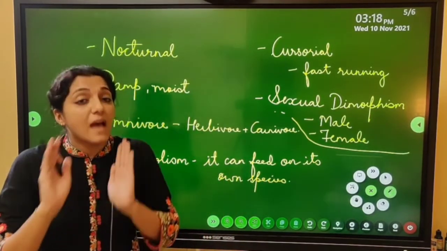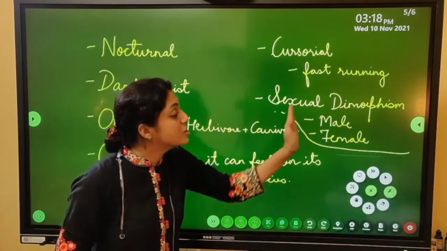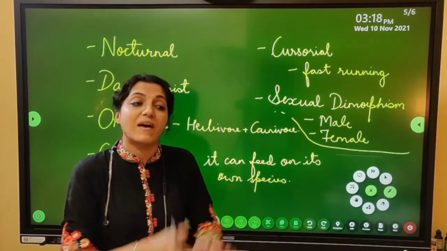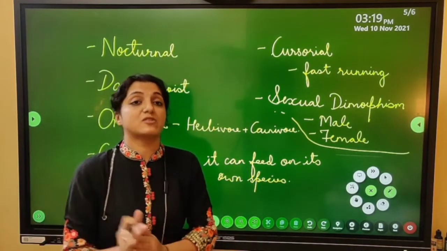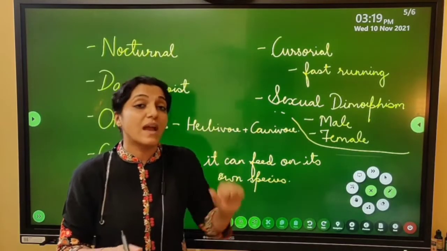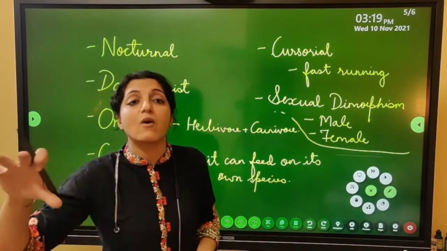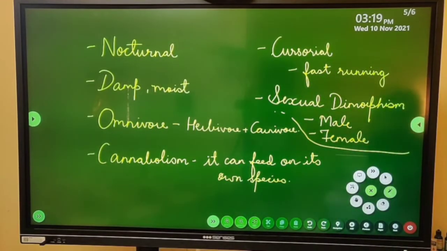We show sexual dimorphism. वैसे ही cockroach also shows sexual dimorphism. Further in the lectures, हम ये dimorphism वाले points करने वाले हैं. How do we identify कि male cockroach कौन सा है और female cockroach कौन सा है? So it shows sexual dimorphism.